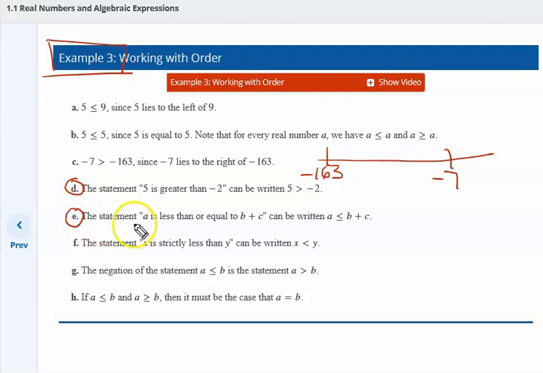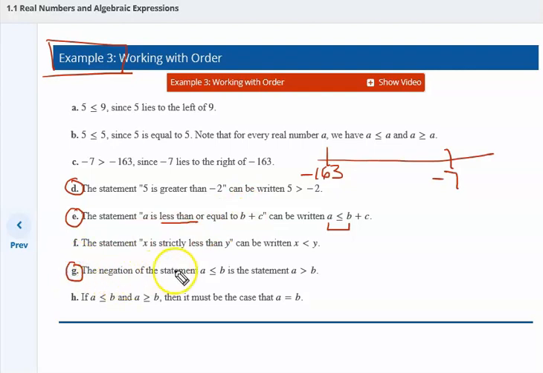Letter E. The statement A is less than or equal to B plus C. Again, we can substitute here less than or equal with this symbol. The statement X is strictly less than Y can be written X is less than Y. Again, we're reviewing terminology, so we're all on the same page.